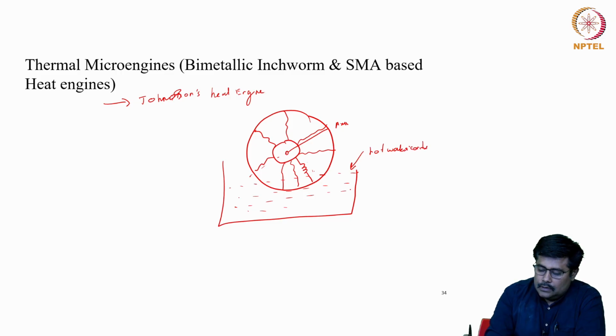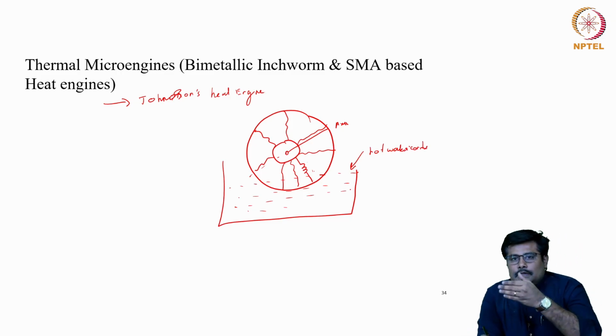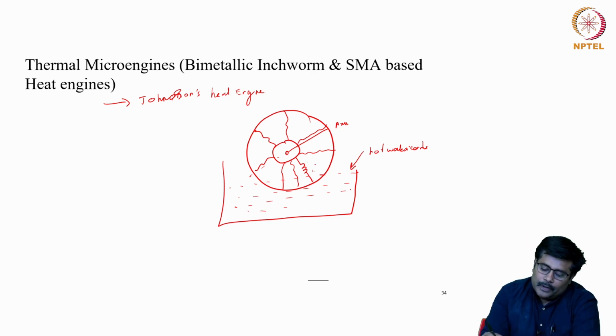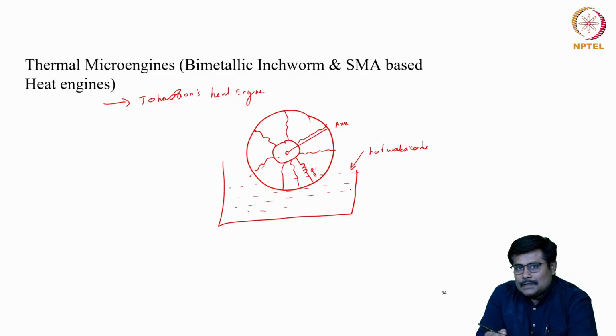So, when the wheel is half immersed in the hot water, there will be a kind of contraction and expansion in the spring. This spring will try to expand and then it will try to contract.